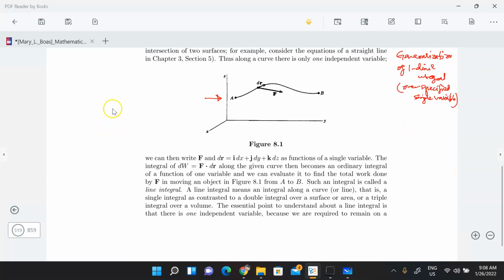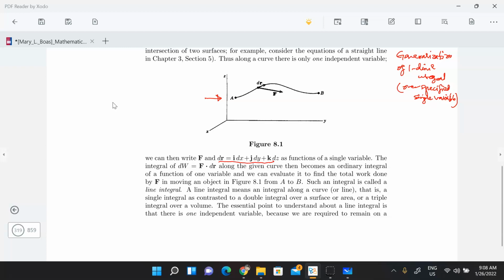So you have your F as a function of x, y, z, and then an element of the curve will be given by this dr, written in terms of your infinitesimal elements dx, dy, dz.